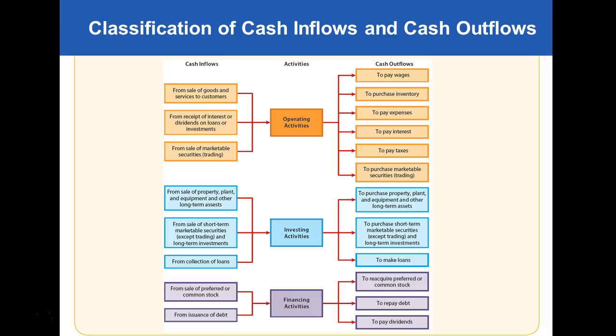As far as when we're dealing with operating activities, the monies that come in relate to selling goods or services, receiving money from interest we made on our bank account or dividends on certain short-term investments, and then also from selling trading securities, marketable securities that are short-term. What we pay out will be salaries, inventory, expenses, interest, taxes, and purchasing marketable securities.